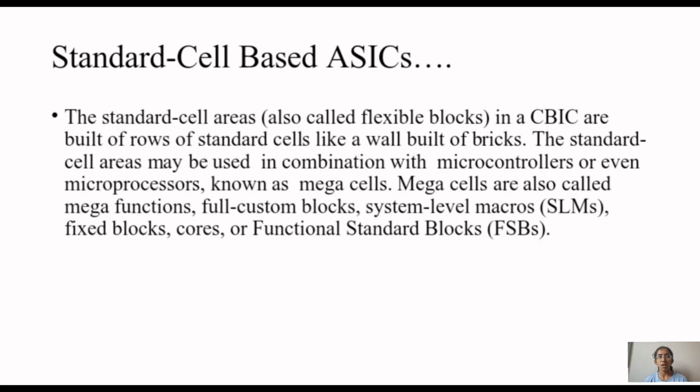Standard cell areas, as well as flexible blocks in a CBIC, are built of rows of standard cells, like a wall built of bricks. The standard cell areas may be used in combination with a microcontroller or even a microprocessor, known as megacells. Examples of megacells include megafunctions, full custom blocks, system level macros (SLMs), and fixed blocks, cores and functional standard blocks.